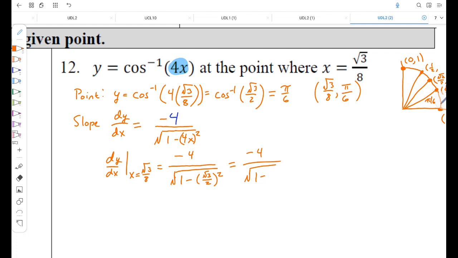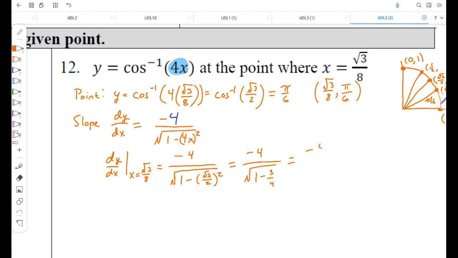And as far as squaring this fraction right here, as long as it's just a number numerator over a number denominator, you could square both of those separately. The square root of 3 squared is just 3. And then 2 squared is 4.